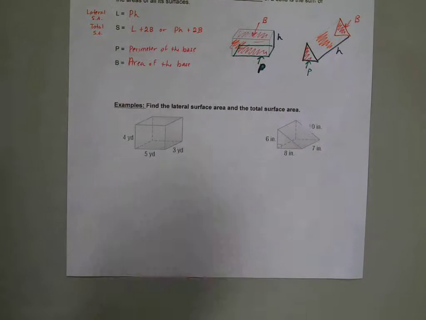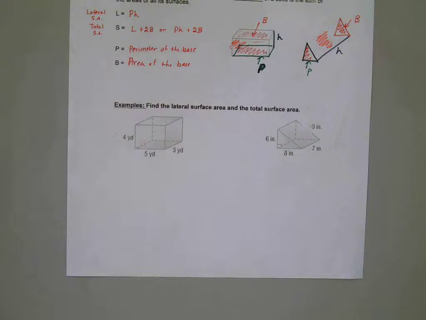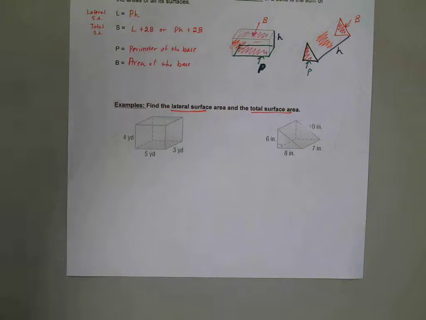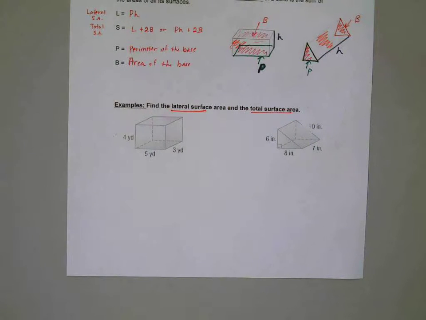So let's look at this first one. It wants us to find the lateral surface area and the total surface area. So when I'm finding the lateral surface area, I need to find the perimeter first, and then since I'm going to find the total surface area, I have to find the area of the base as well.